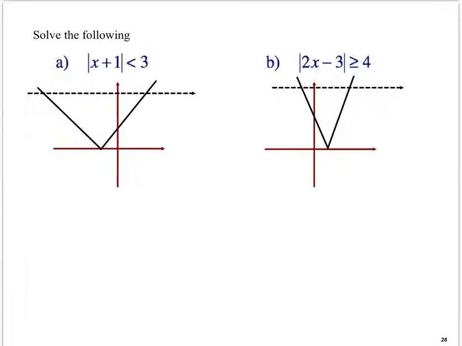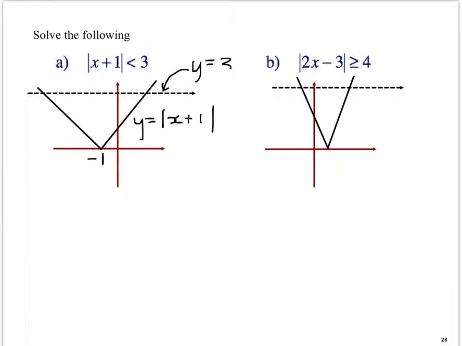I've drawn the graph of y equals the modulus of x plus 1. That is this graph here. You can see it's got the two branches. It's been translated 1 unit to the left. And we want to know when that intersects the line y equals 3, which is this line right here that I've drawn.